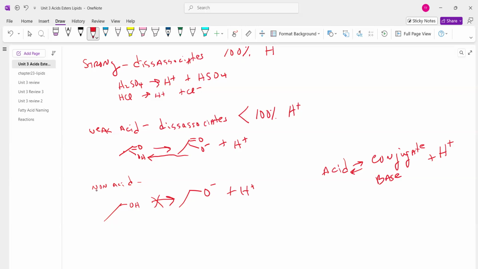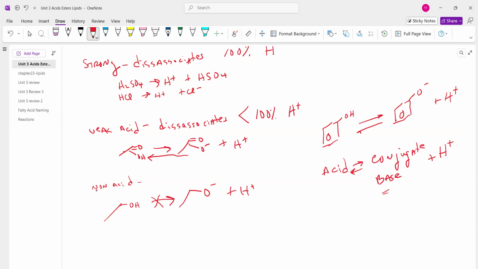The only alcohol that's a weak acid is phenol, because the benzene acts to stabilize the conjugate base.